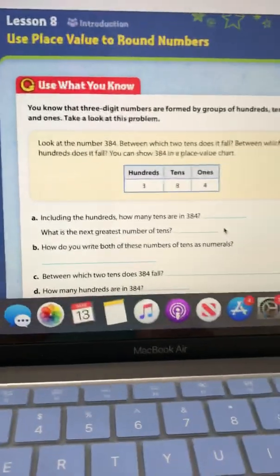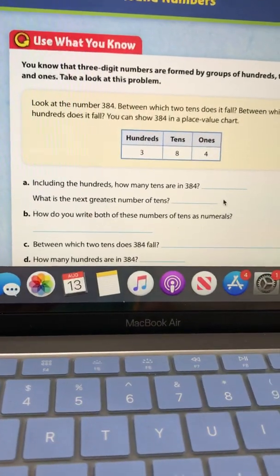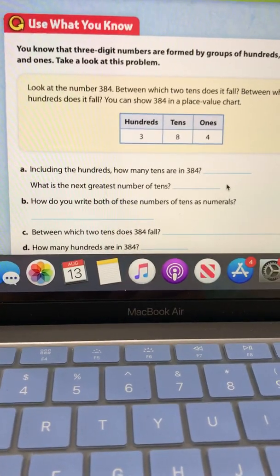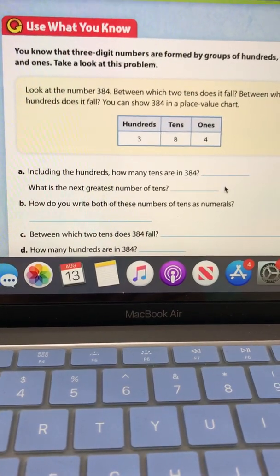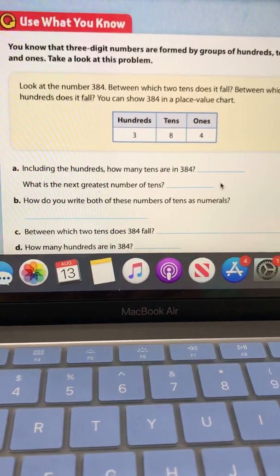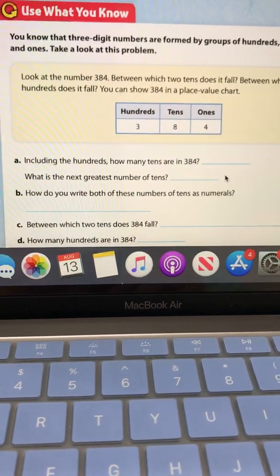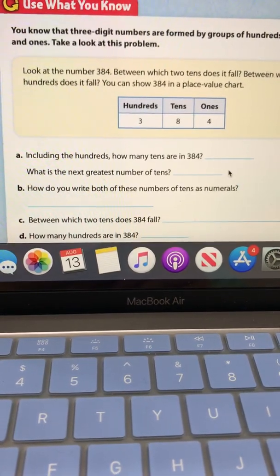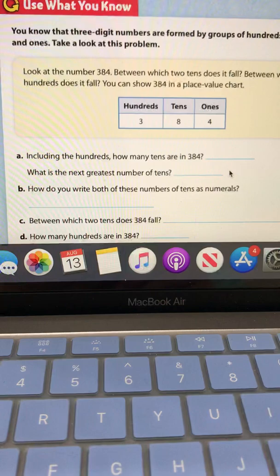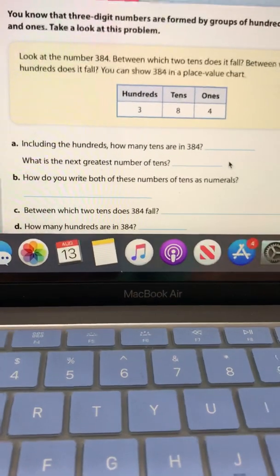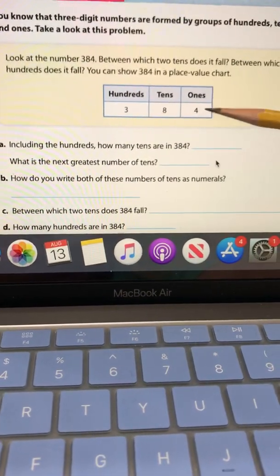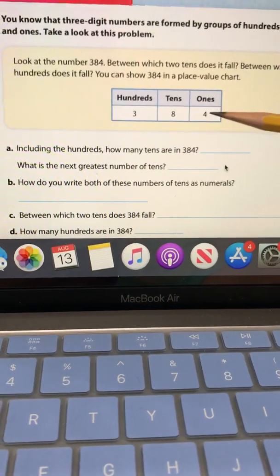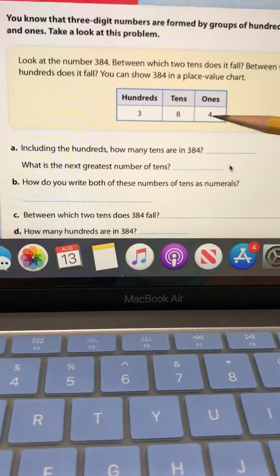Now we can go to letter B. Letter B says, how do you write both of these numbers of tens as numerals? Well, that's very easy if you remember your place value chart. If I only want to keep my 38 tens and my 39 tens, what's going to happen to the ones place? Remember, I don't want to keep it. So what are we going to have to put in place of where this 4 is?